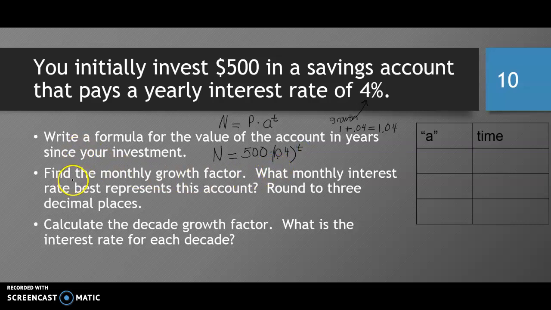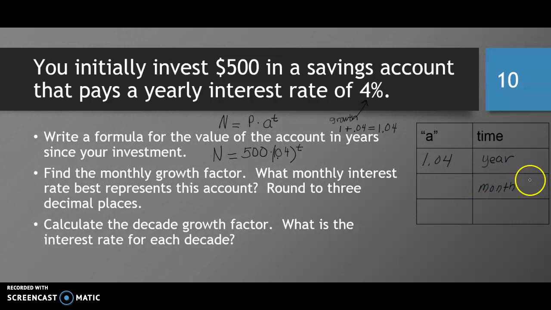So question 2 asks us to find the monthly growth factor. To do that, we're going to use this chart just to keep track of things. So initially we had found A to be 1.04, and that was the growth factor when time was measured in years. Now we want a growth factor when time is measured in months.